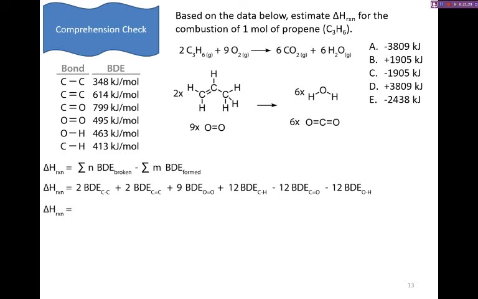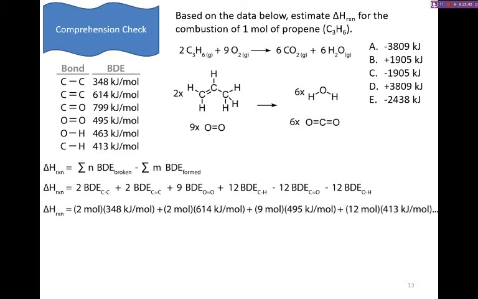When we plug in our values, make sure that you're reading them properly from the table. 2 carbon-carbon single bonds times its value, 2 carbon-carbon double bonds times its value, 9 oxygen-oxygen double bonds times its value, etc., etc. You add all of that up, and you get a total of negative 3,809 kilojoules.